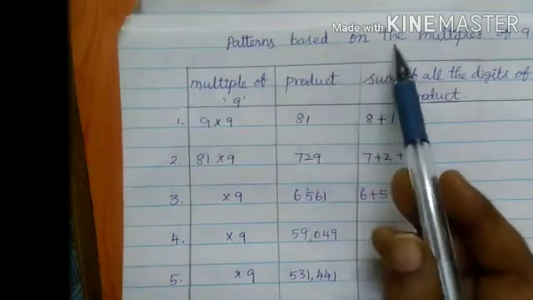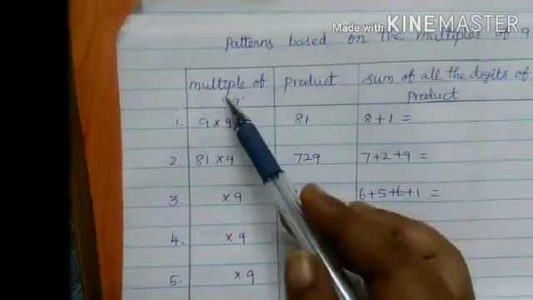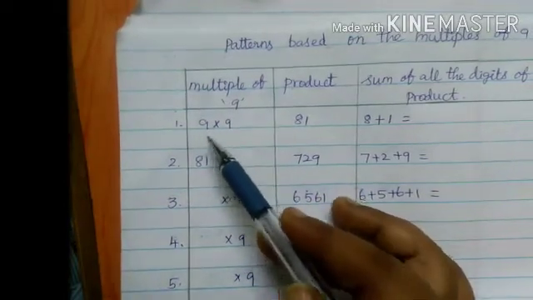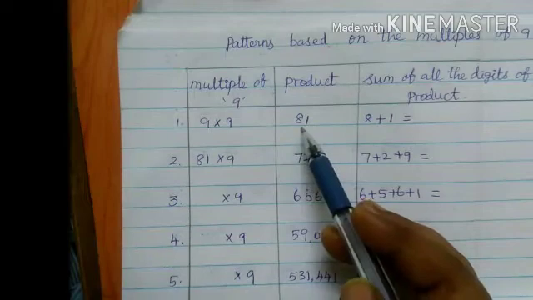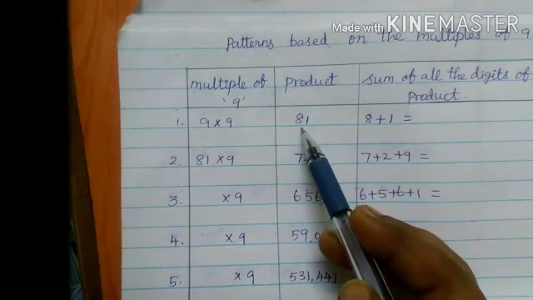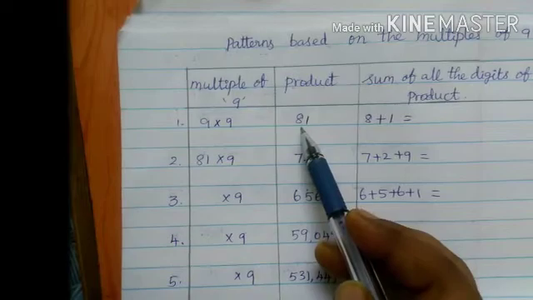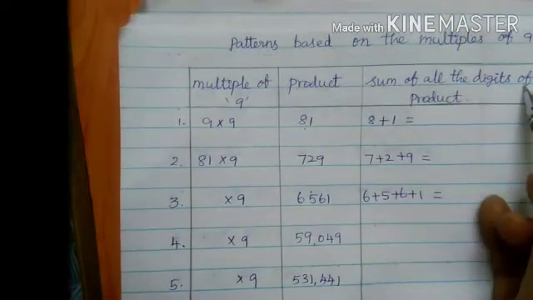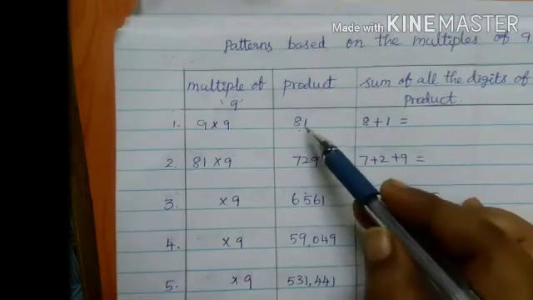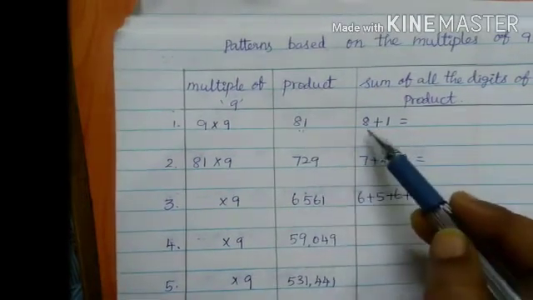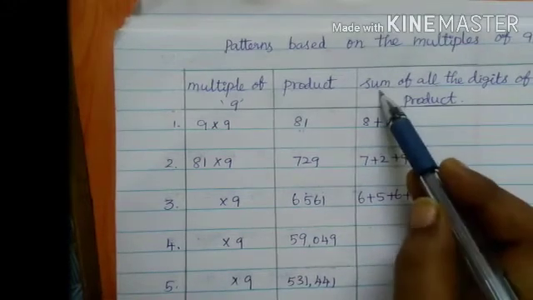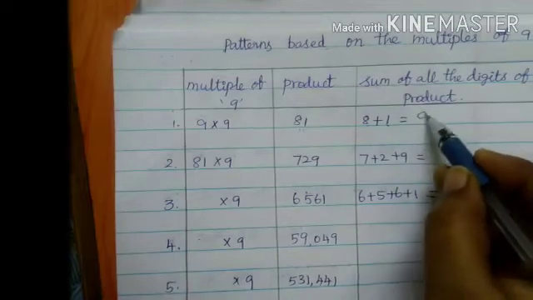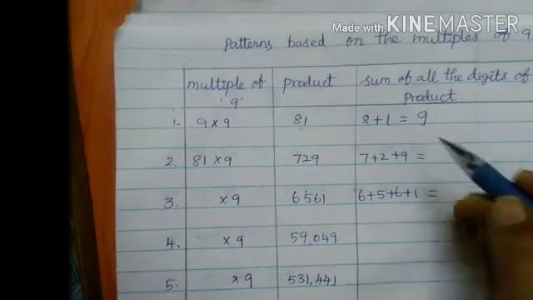Patterns based on the multiples of 9. First, multiples of 9. The 9 table is given here. 9 nines are 81. This is the product. But you check whether it is divisible by 9 with this method: the sum of all the digits. You add 81: 8 plus 1 equals 9. So the sum of the digits is 9, and this number is used for the 9 table.